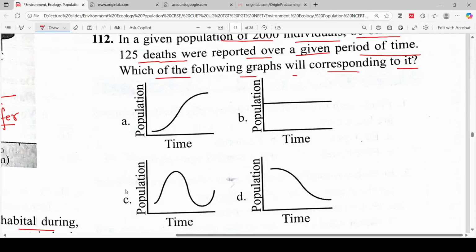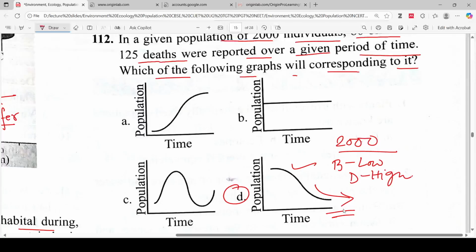The correct option will be option D, because it has 2000 individuals. But in this case the birth rate is low, death rate is high. So this population will decline. So the correct answer will be option D.